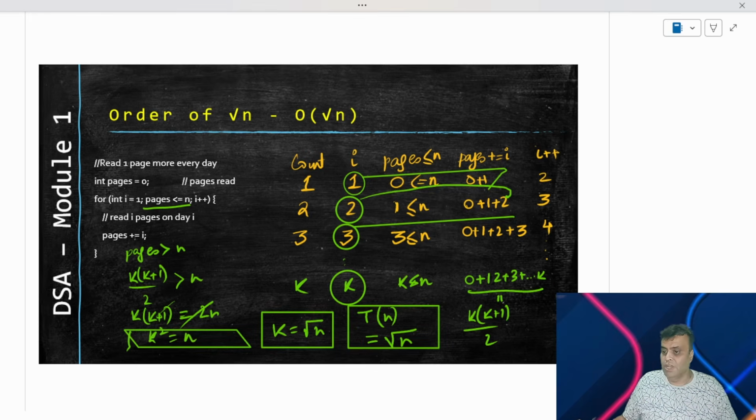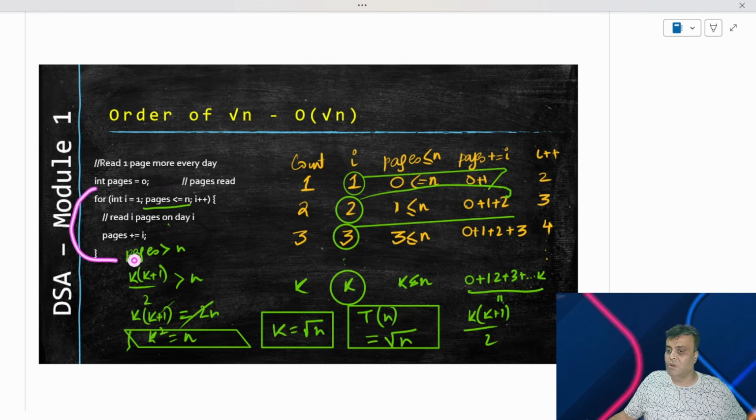So net, what you need to do whenever you see problems where you are struggling to find out the time complexity because you do not know how many times this will run, either because this is not plus plus, this is plus equal to 2, or slash equal to 2, or star equal to 2, and this may not be directly correlated with n because now we see a dependency on i.